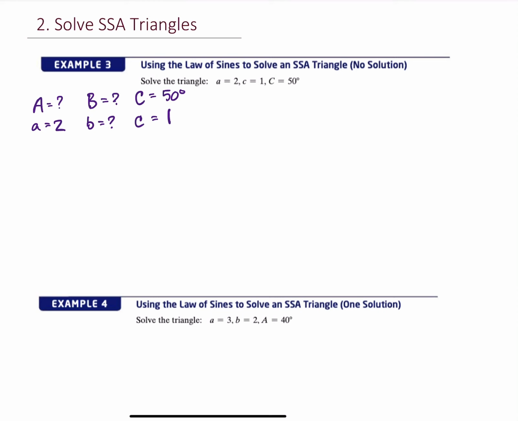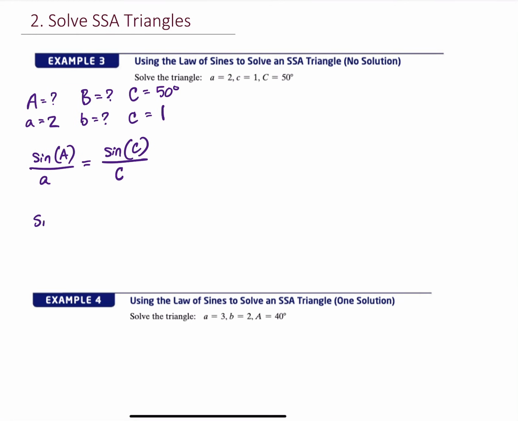So we can say the sine of A over side length A should be equal to the sine of C over side length C. We don't know what angle A is, so we'll leave that as the sine of A. Side length A is 2.